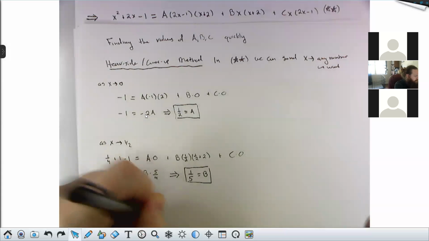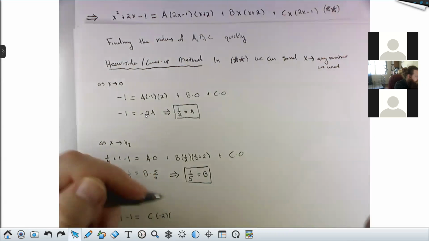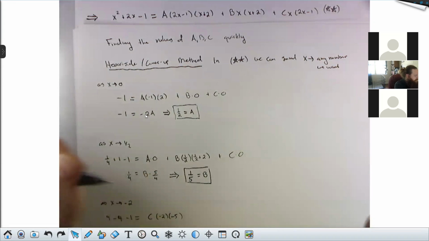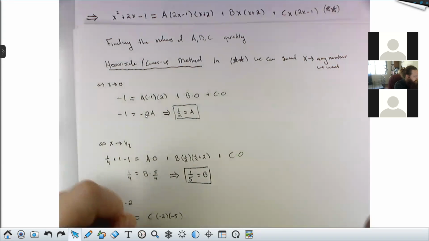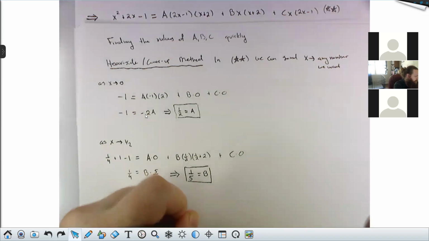I'll just have c times negative 2 times negative 2 times 2 is negative 4, minus 1 is negative 5. 4 minus 4 is 0, so it says negative 1 is equal to negative 10c, and dividing both sides by negative 10 we get 1/10 is equal to c.